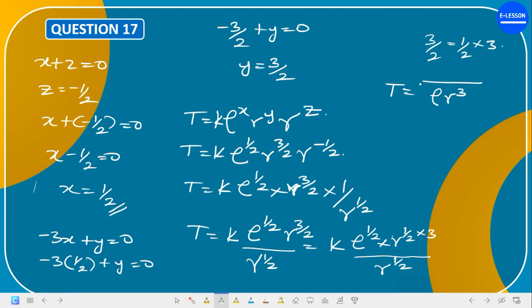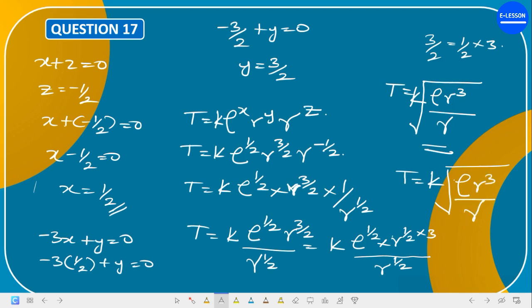Then this is divided by the surface tension. And this is the exact form of the relationship. Of course, you know that there is a constant here. So your T is k root density radius 3 all over the surface tension.